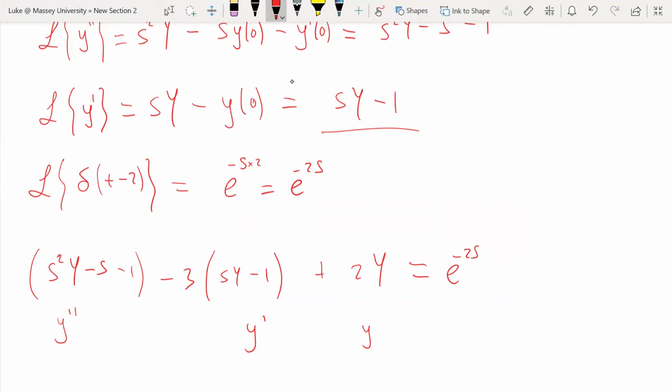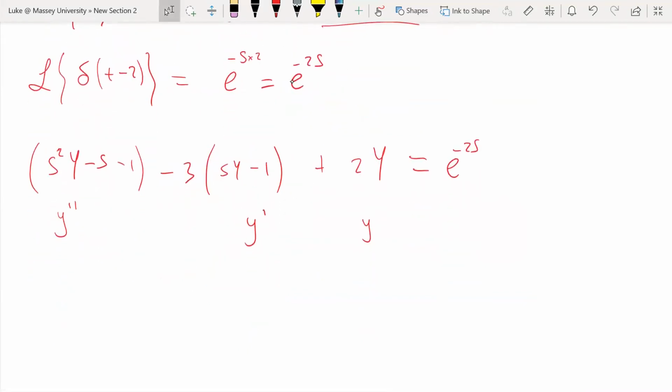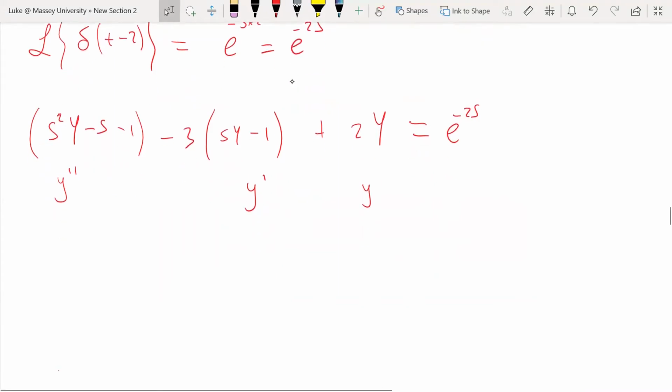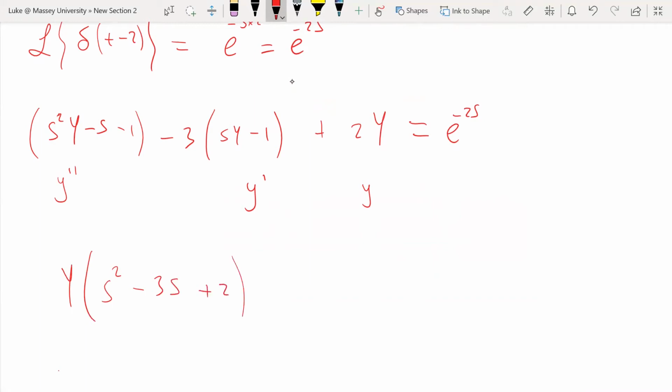Fantastic. What we need to do now is rearrange this equation for the term y. On the left-hand side, I have an s squared, a minus 3s, and a plus 2. On the right-hand side, I've got e to the minus 2s, and if I take all the terms that do not have a y in them to the right-hand side, I get plus s, plus negative 1, plus negative 3, so that's going to be minus 2, in fact.